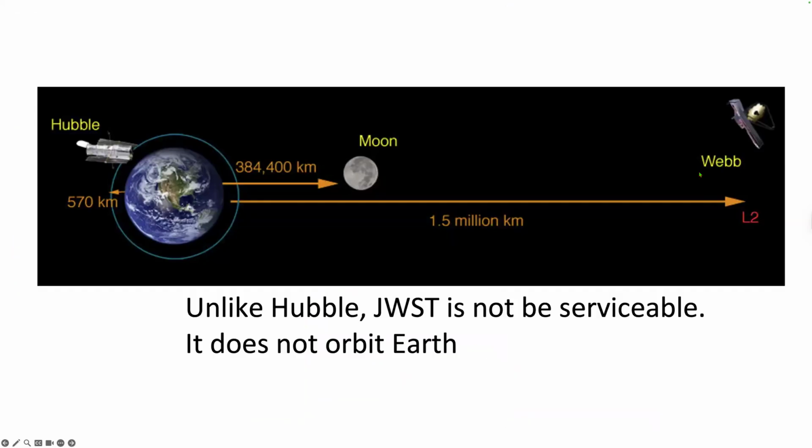So here we are 1.5 million kilometers out here at a point of gravity balance called Lagrange point 2. That's where James Webb is now. It's a great place to be because it's away from the heat radiation of Earth, which would tend to want to warm up the telescope. This has to be a cold telescope to see infrared light. No astronomers are going out there.